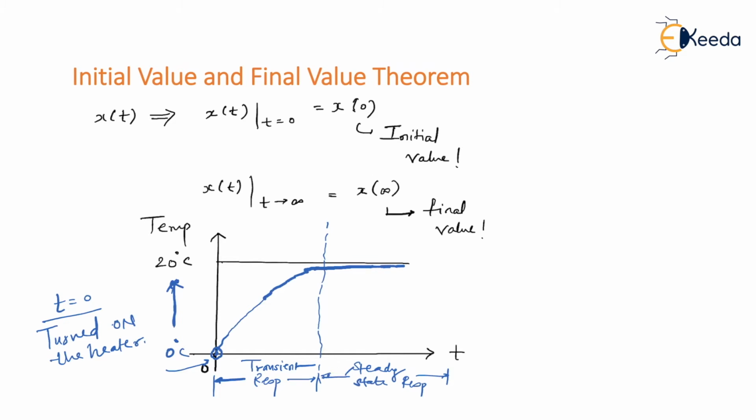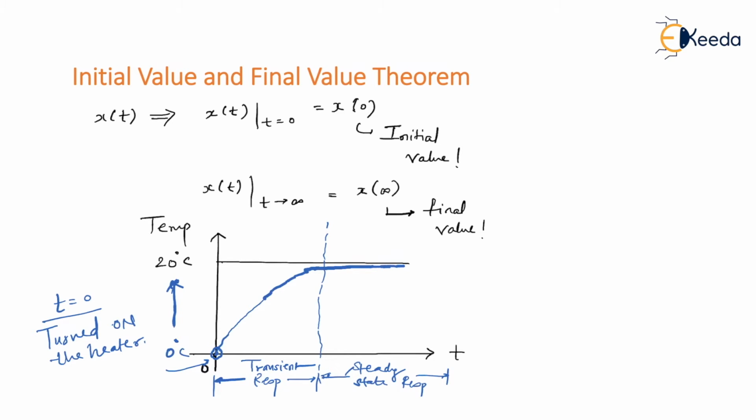The graph that you see in blue color is showing the real-time increase in temperature with respect to time. At t equal to 0, the instant at which we have turned on the heater, we assume the temperature was 0 degrees Celsius. But since the heater is turned on, the temperature increases slowly with respect to time.